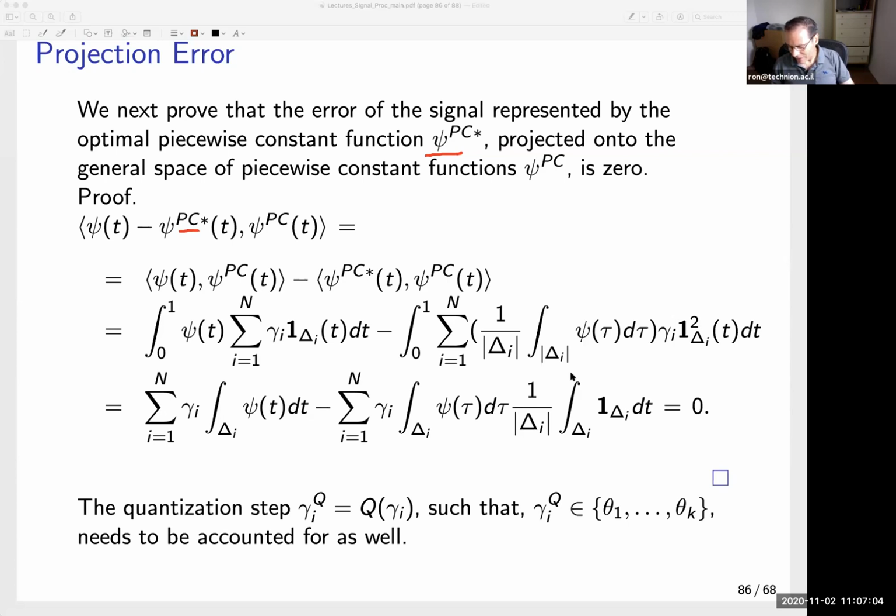Pictorially, if we think of our signal as some vector in a really high dimensional space, and assume that the space of all possible piecewise constant functions is sitting here.